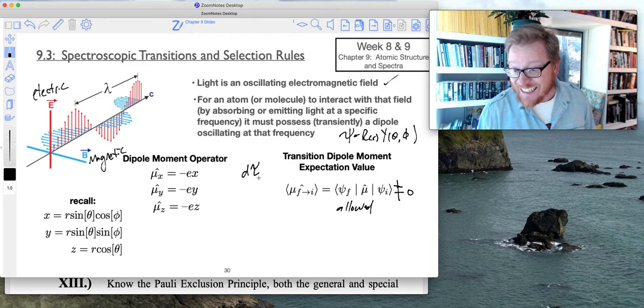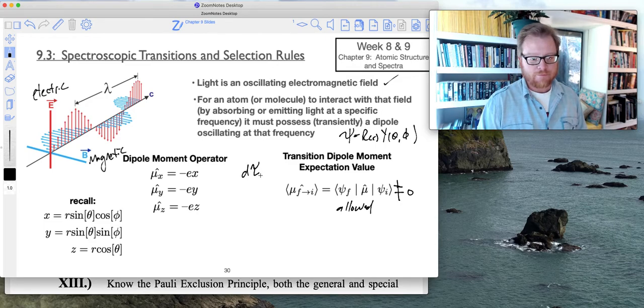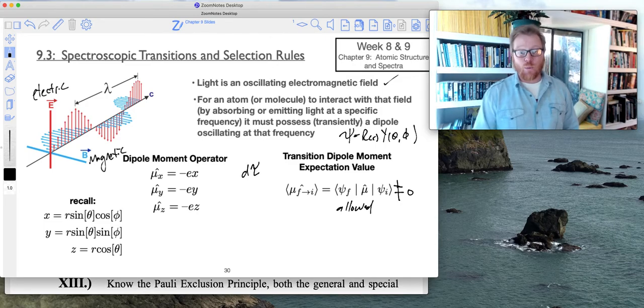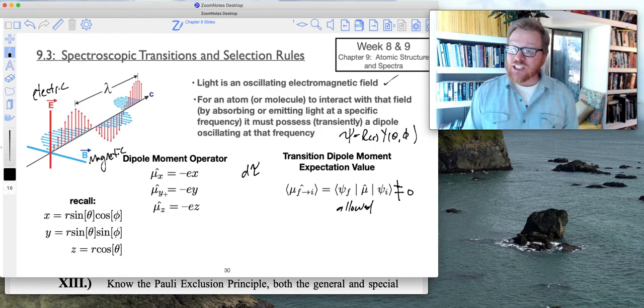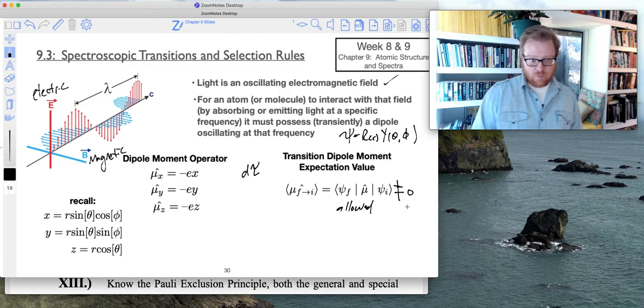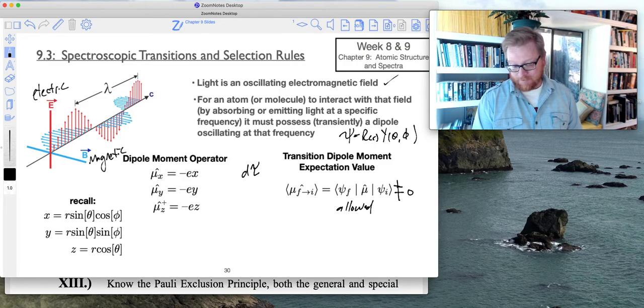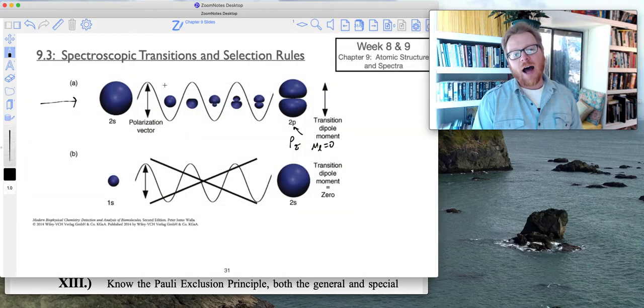So we need the full d tau. And specifically, we have to indicate which dimension we're talking about, whether it's a dipole moment in x, y, or z, which is related to this picture right here. If we have a dipole moment that's aligning with, let's say, the z-axis, we would use mu z.